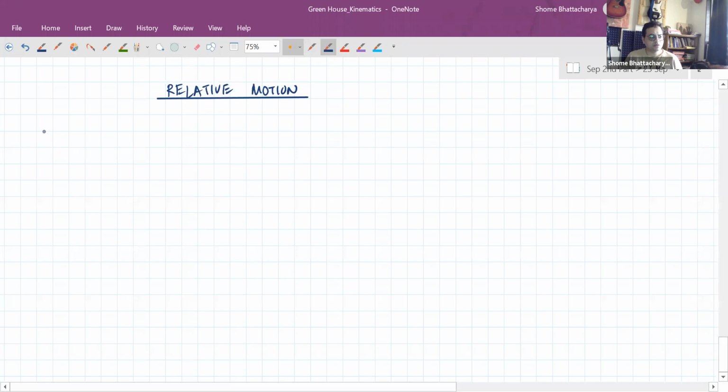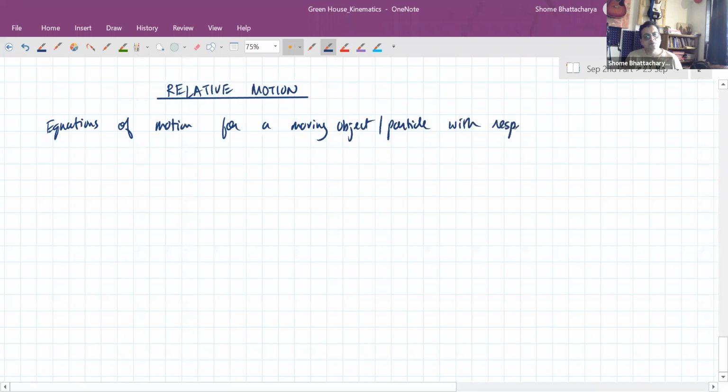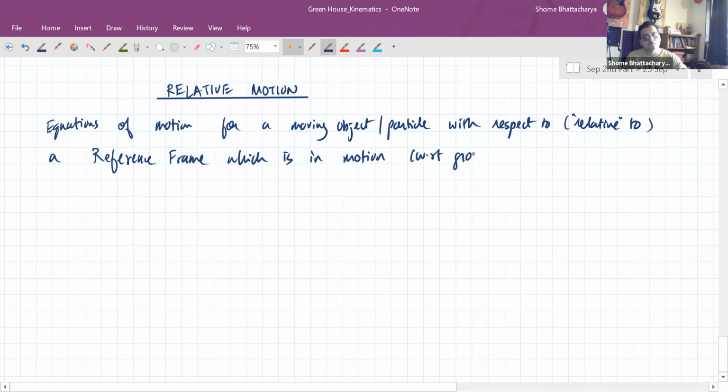So this involves equations of motion for a moving object or particle, with respect to, or what we say relative to, a reference frame which is already moving with respect to ground.